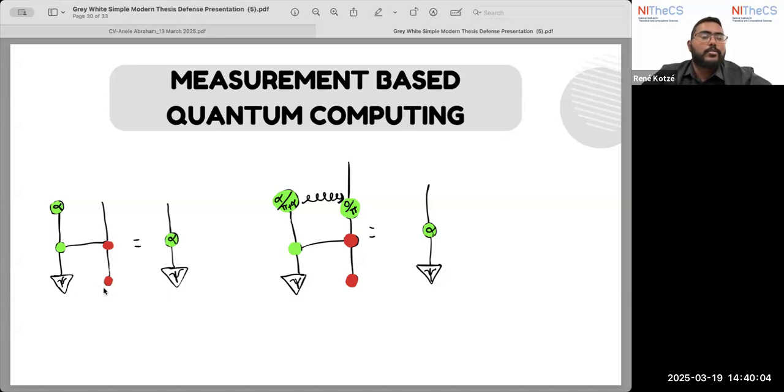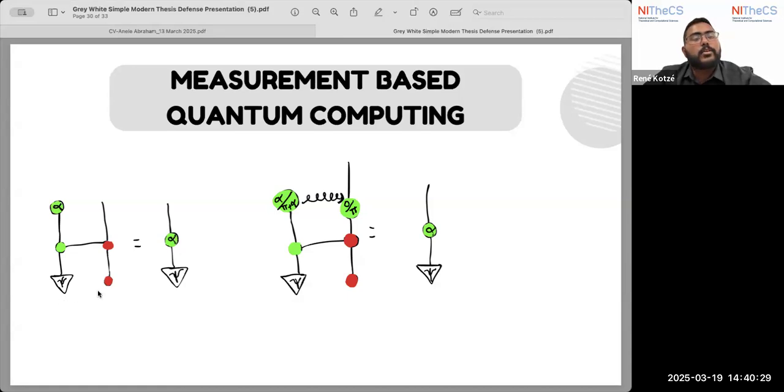By our rewriting rules, we can fuse the two red spiders. It turns out to be identity. This green alpha effect, we can fuse it with the green spider below it, and then straighten the wire to get this diagram next to it, which is simply the state psi and then an alpha phase gate applied to it.